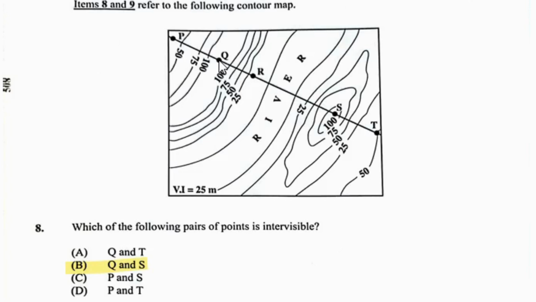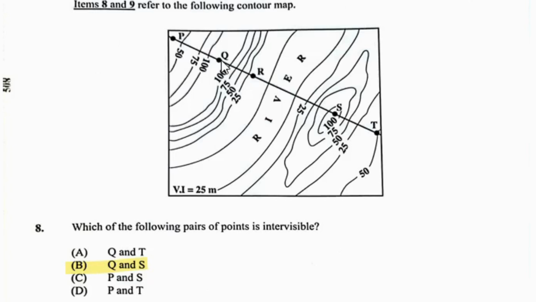Now, if we're standing at Q, we're able to see point S, right? And the good thing is that point S is the same elevation as point Q, which is 100 or a little over 100 meters, right?